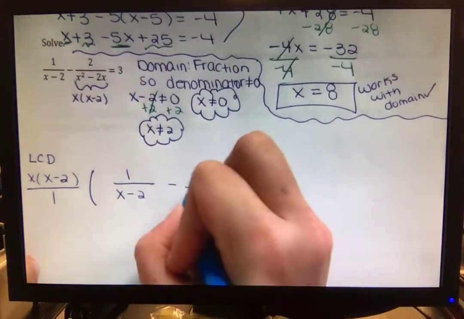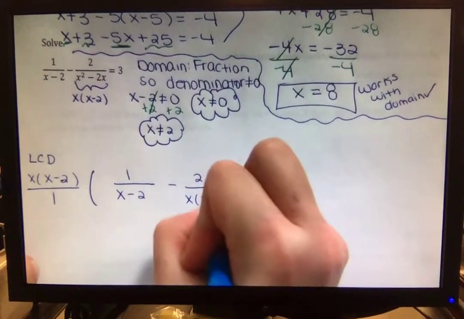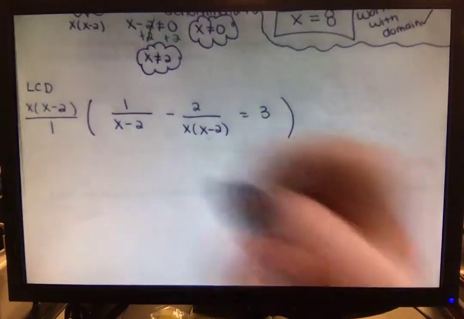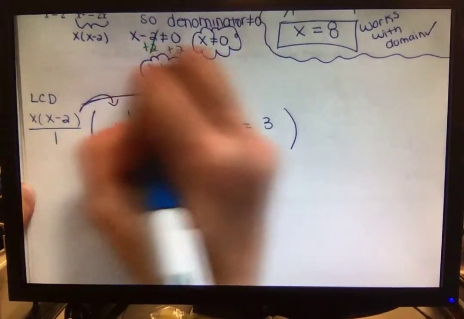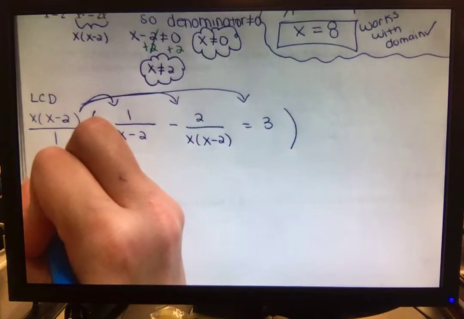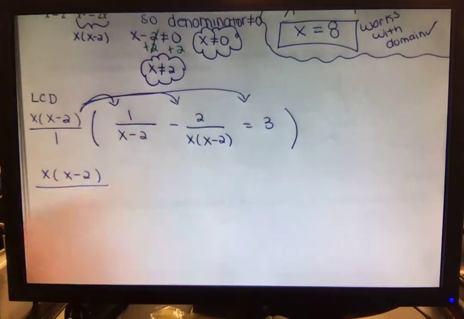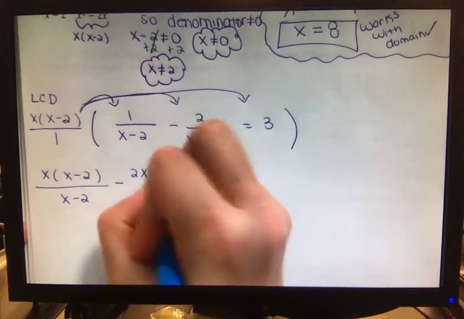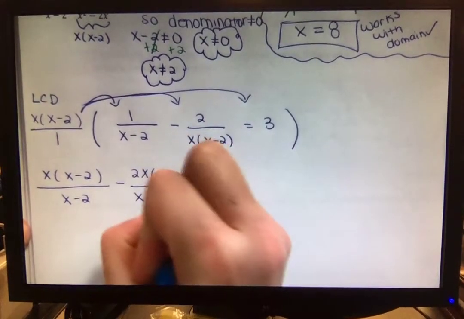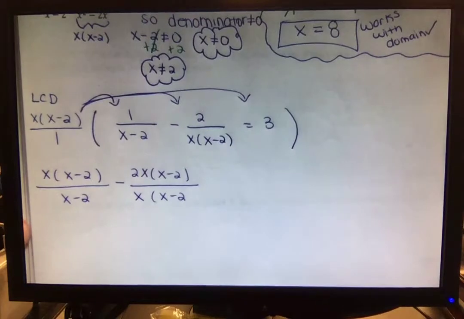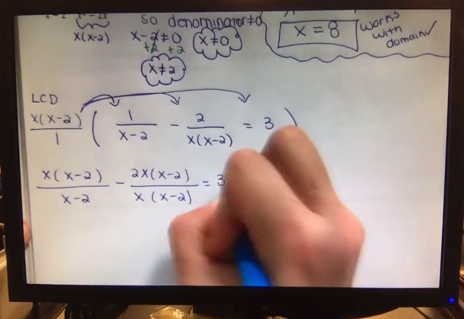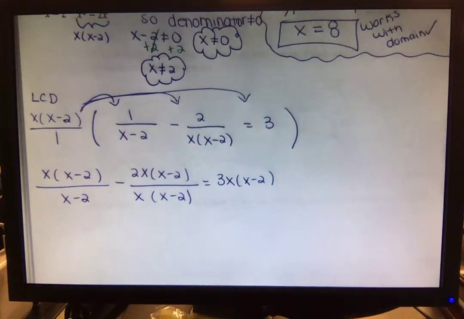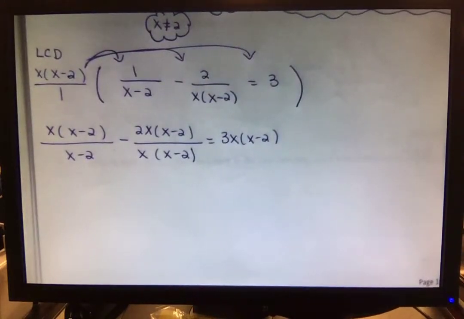So we're multiplying that to every single thing on both sides of our equation. 1 over x minus 2 minus 2 over x times x minus 2 equals 3. So x times x minus 2 times 1, which is x times x minus 2 all over 1 times x minus 2, minus 2 times x minus 2 all over x times x minus 2 equals 3 times x minus 2 over 1. My favorite part, what cancels?